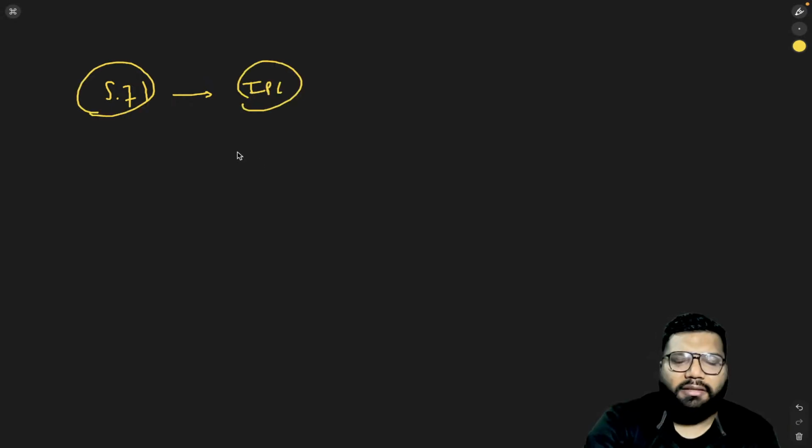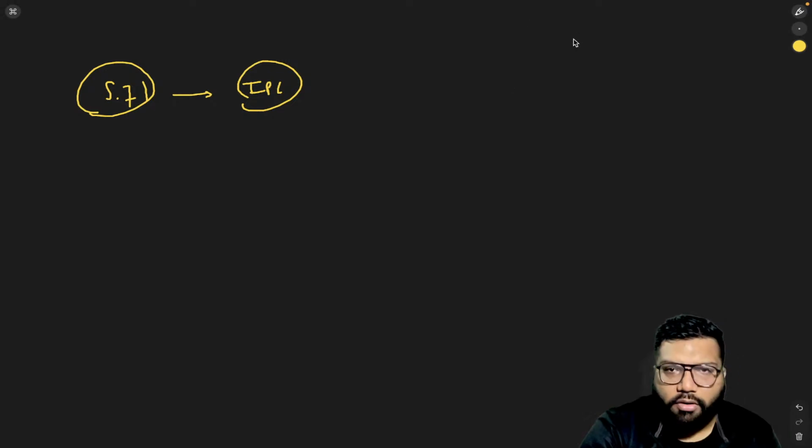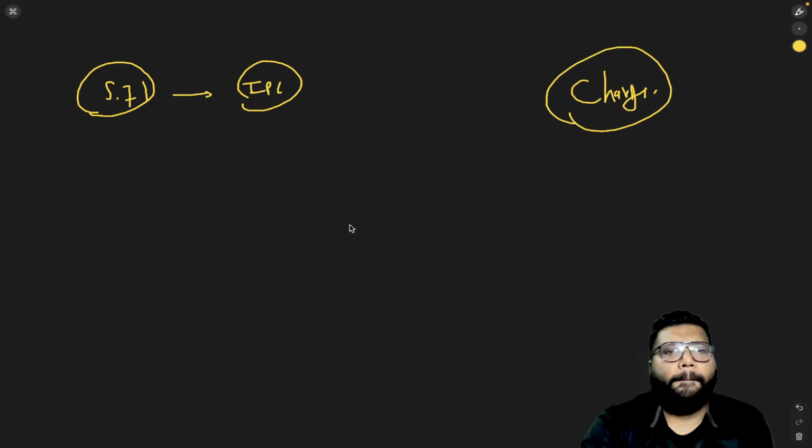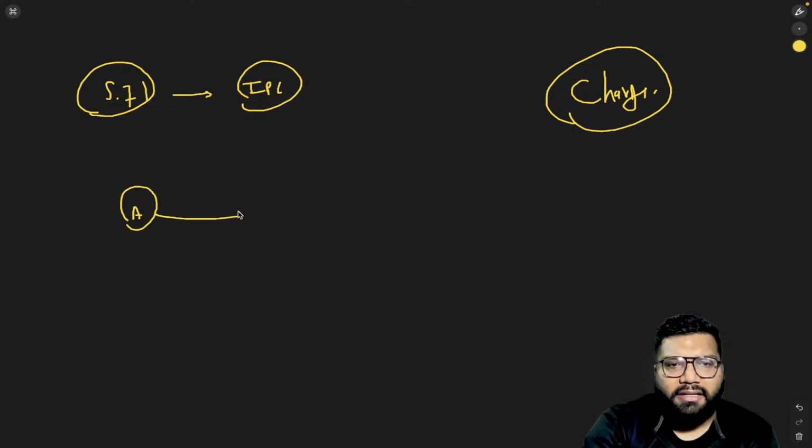Now let's take a very simple example to understand the overall conclusion of section 71 IPC and how we are talking about the concept of charge. A enters into the property of B with a criminal intention.